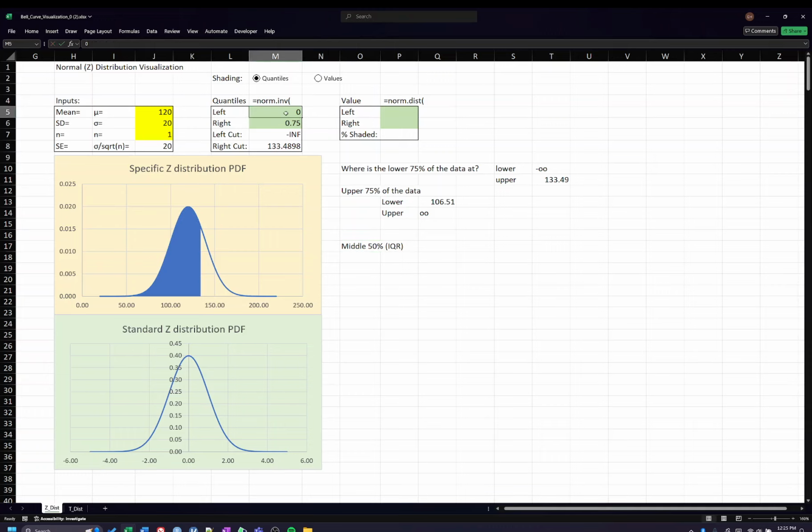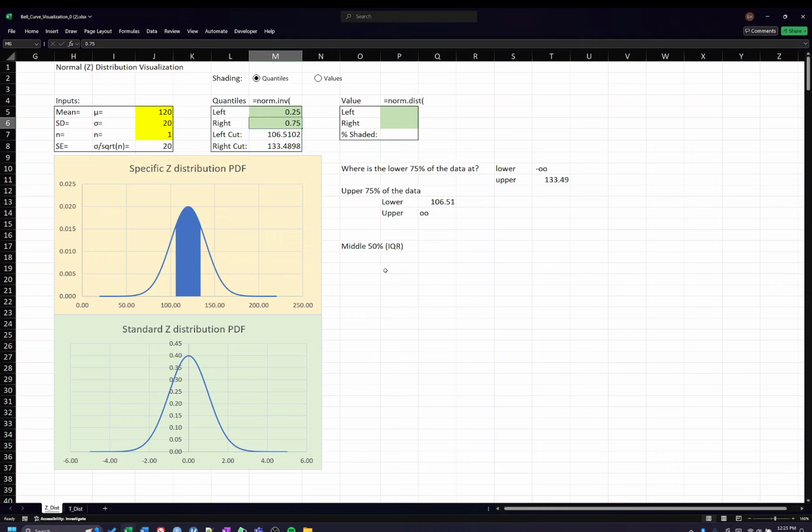And so we could go from our 25% point on the lower end, 0.25, to the 75. And we know that from 25 to 75 is 50%. So this gives us the middle 50% of our data, in between these upper and lower points.